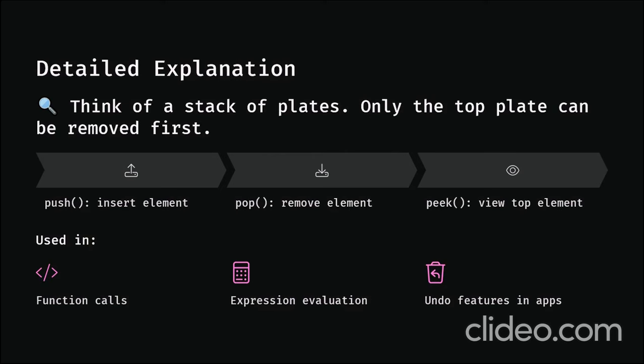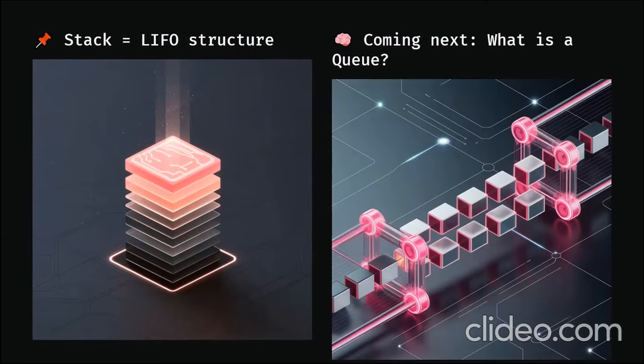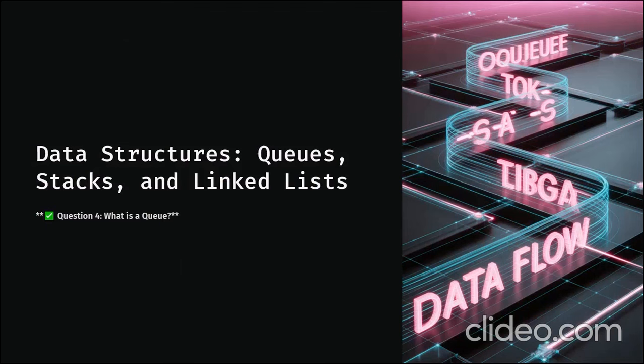There are mainly three operations available: push, pop, and peek. Push is used to insert an element at the top. Pop is used to remove the element from the top. And peek is used to view the top element. It is mostly used in function calls, expression evaluation, and undo features in apps. So stack, LIFO structure.